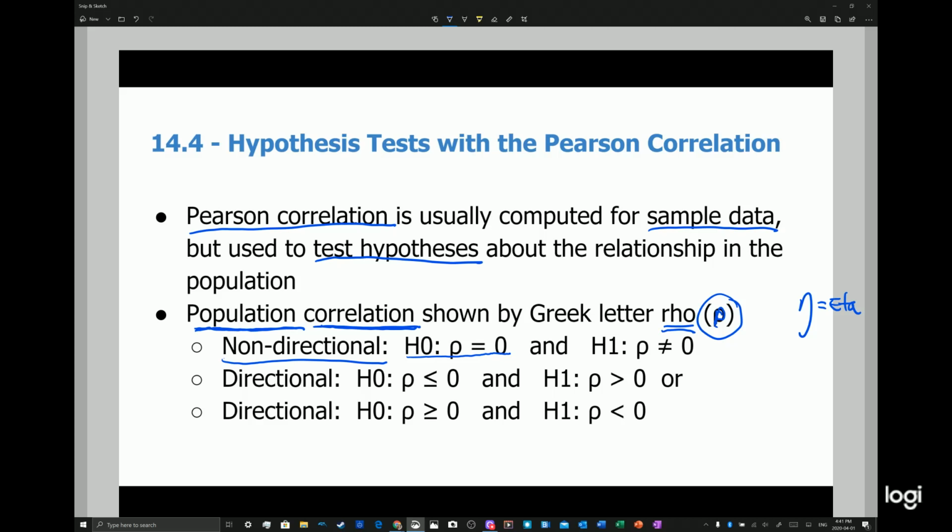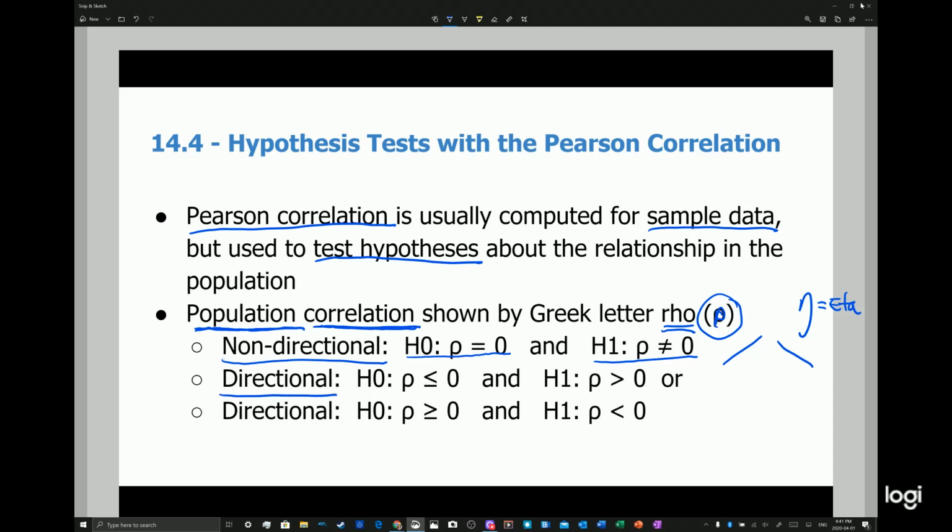So rho is 0. And the alternative hypothesis, which is written as H1 here, it could be HA or whatever, would be rho not equal to 0. It could be positive correlation or negative correlation, either one, but the alternative says there is some kind of correlation.